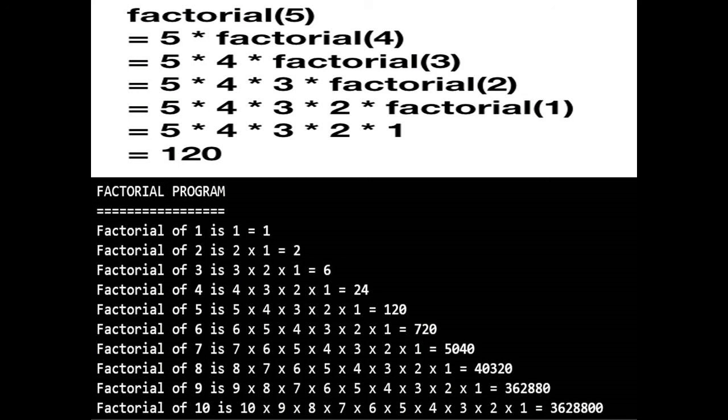In the else part, it will return x into factorial of x minus 1, which means 5 into factorial of 4, that is 5 into 5 minus 1, 4. In the same way, the next time, 5 into 4 into 4 minus 1, 5 into 4 into 3 into 3 minus 1. Same way 5, 4, 3, 2 and then 2 minus 1.